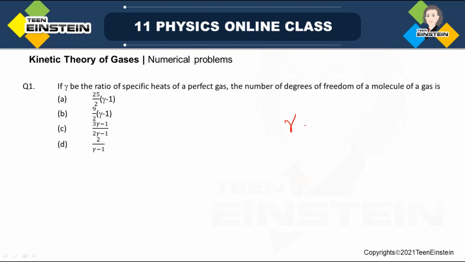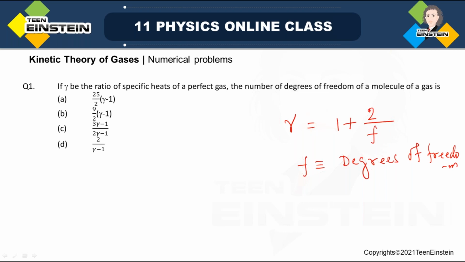Gamma is equal to 1 plus 2 by F, where F is degrees of freedom. So this is a relationship between gamma and degrees of freedom.